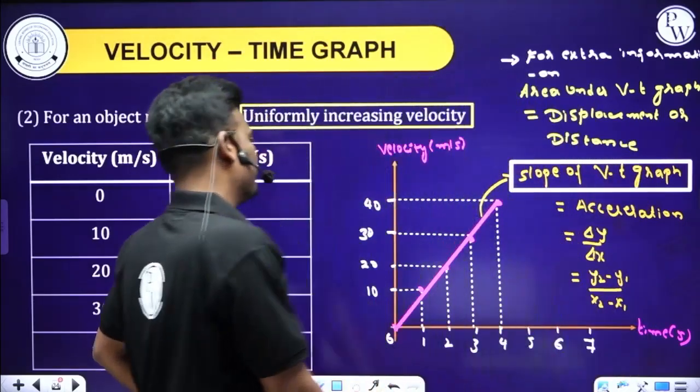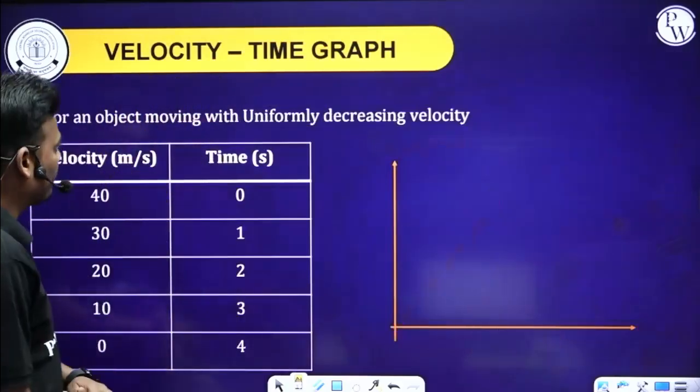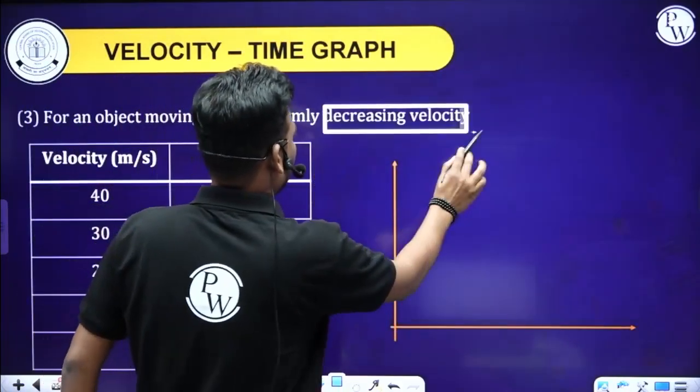Now that's all for the second case, and let's move on to the last case, that is decreasing velocity.